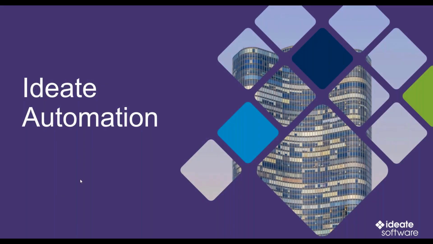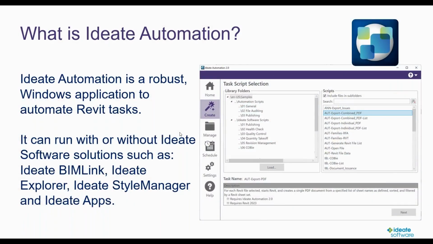Let's look at what Ideate Automation is and what it's all about. This is a Windows-based application. It is not a plugin for Revit. You won't see it on your Ideate Software toolbar within Revit. It's a separate standalone application that we have designed to further automate everyday Revit tasks. These can be tasks that run just Revit itself, or tasks that require one or more of our other solutions.